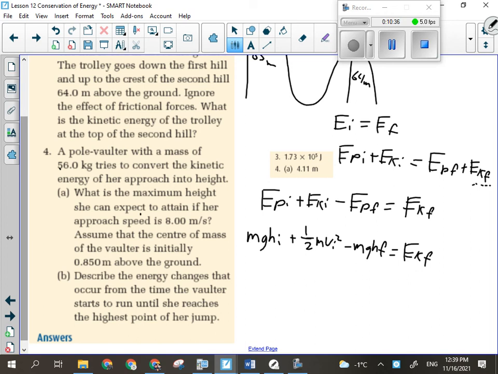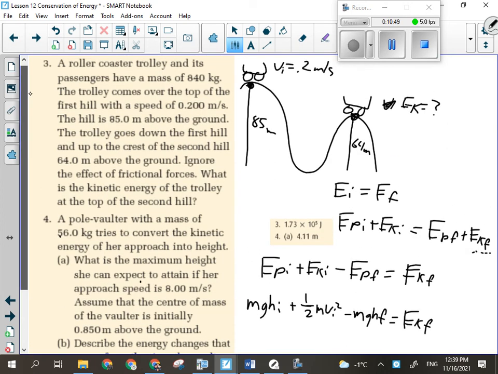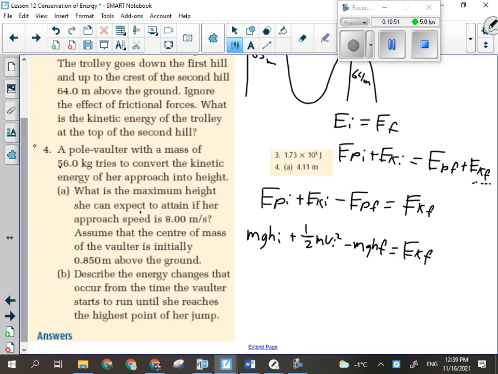Okay, plus the units for joules for energy are kilogram meters squared per second squared. I have to have the mass in there. Okay. So if I'm plugging in my numbers, they said it was 840 kilograms. So 840 times 9.81 times 85.